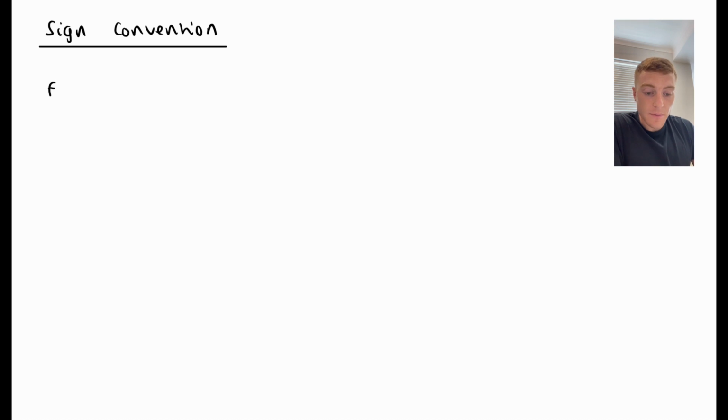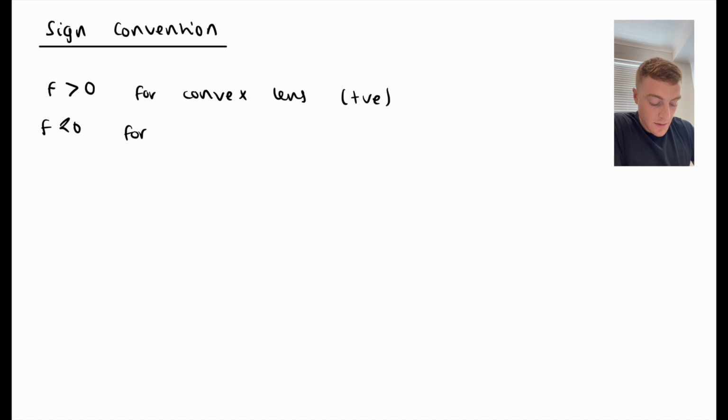Okay, so now let's look at the sign convention for lenses. Before we go on to that, we just need to note that the focal length for a convex lens is positive, so f is greater than 0 for a convex lens. Focal length is less than 0 for a concave lens, so it's negative.